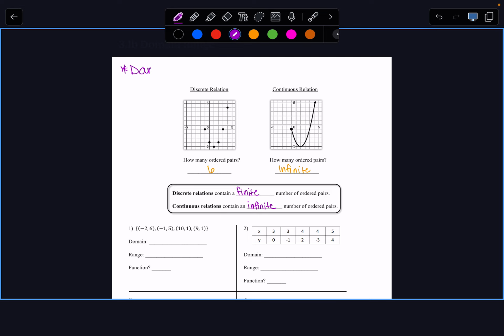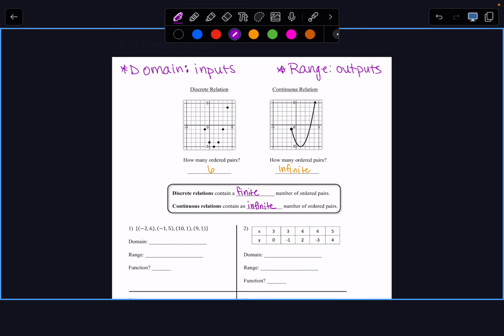Domain, not Damien, domain are all of your inputs, and range are all of your outputs, okay? It's basically categorizing them, okay?